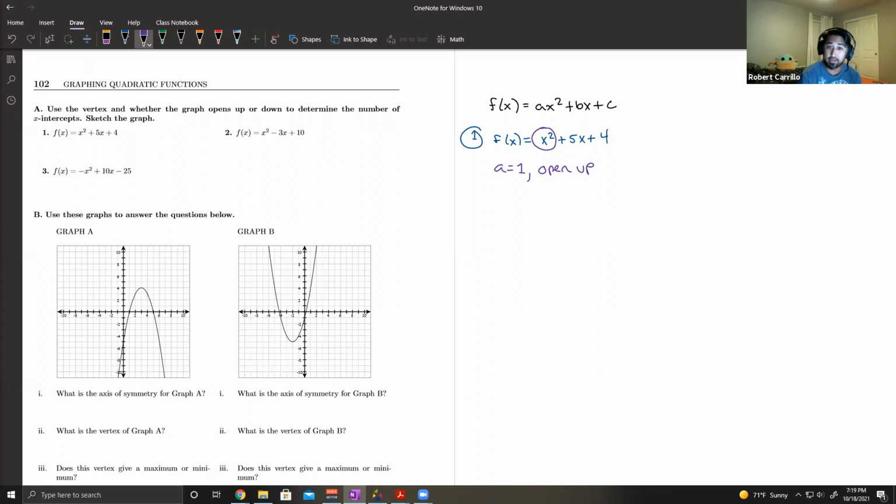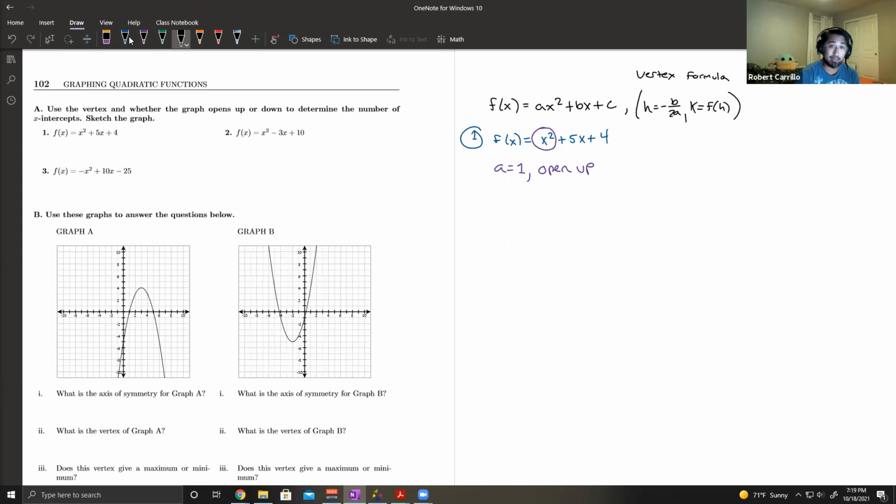Okay. So now we know our parabola is going to open up. And the next thing we need to find is the main point of our parabola, and we are going to be looking for the vertex. So we are also going to be using this formula to find the vertex. h equals negative b over 2a, and k equals f of h. This is the vertex formula. Okay. Now, label a and b.